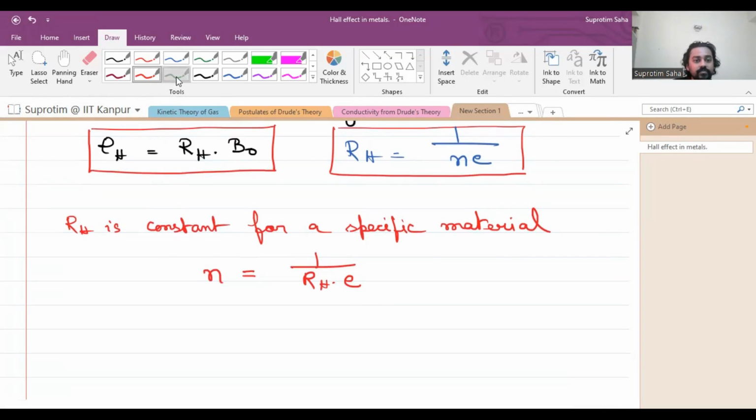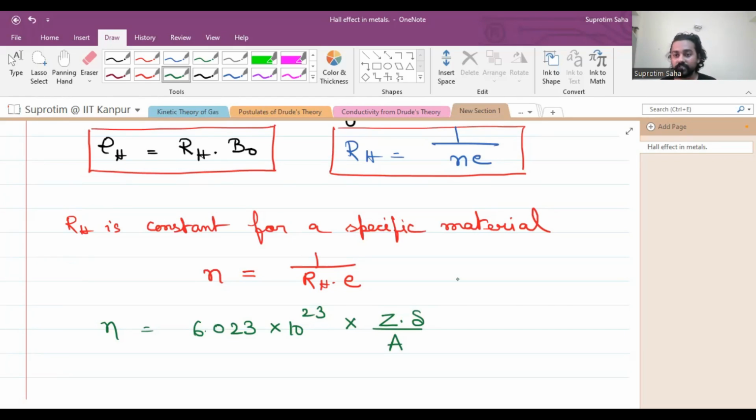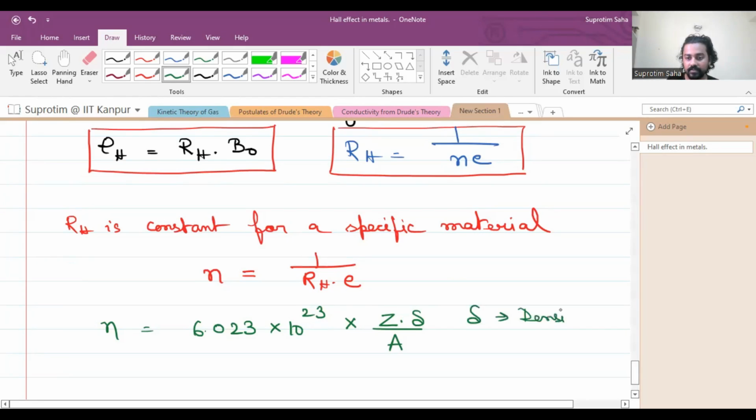From previous lectures, we know that n is given by Avogadro number, 6 into 10 raised to 23, times the number of valence electrons supplied by the metal concerned, times delta over A, where A was the atomic mass and delta was the density of the material.